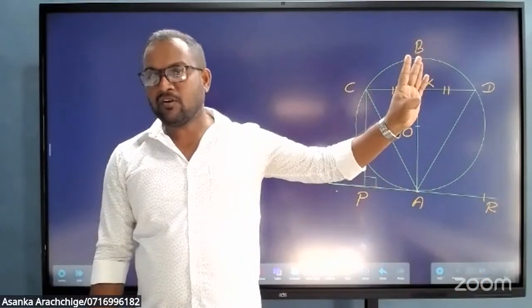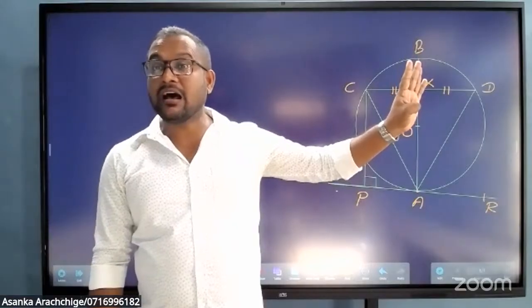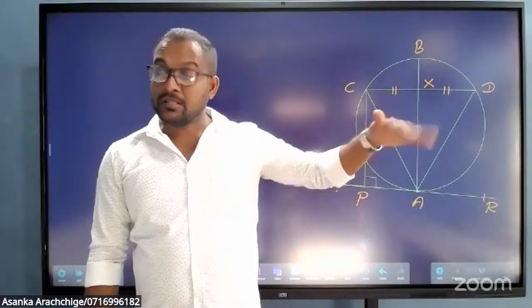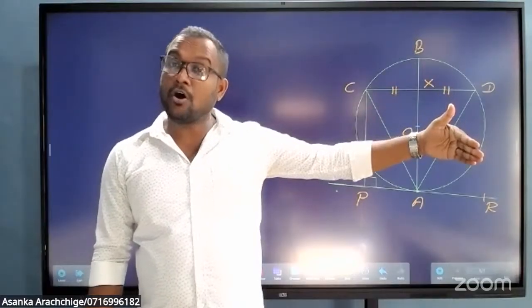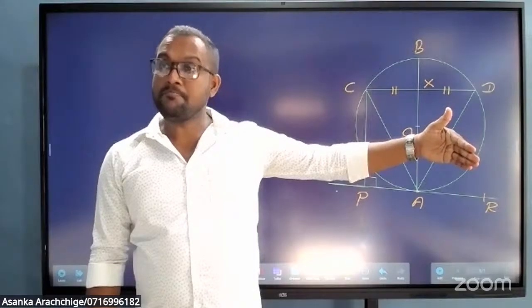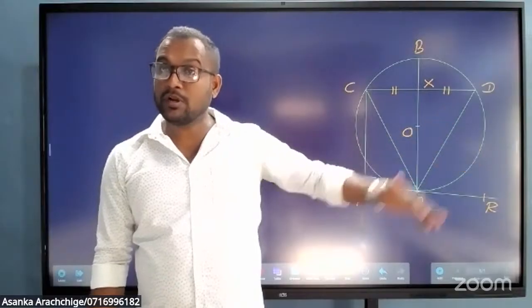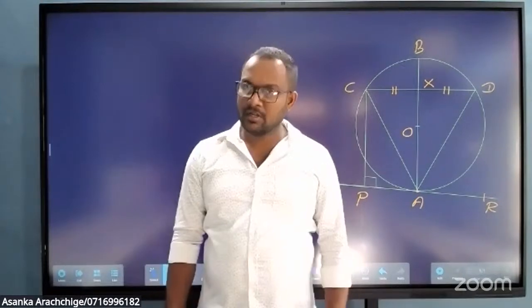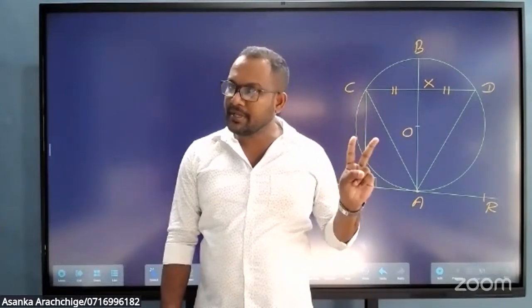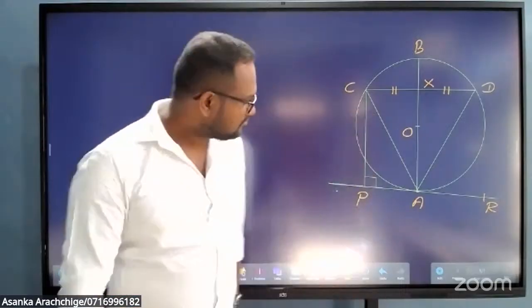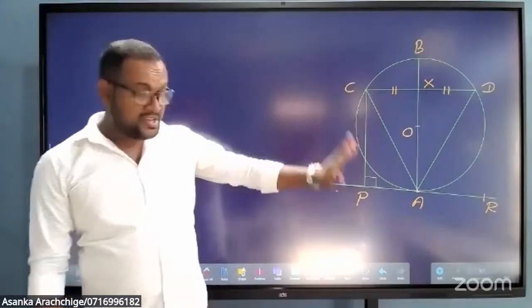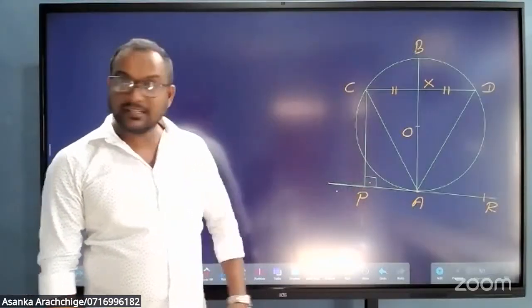In a cyclic quadrilateral, opposite angles are supplementary. In a cyclic quadrilateral, the exterior angle formed by producing a side is equal to the interior opposite angle. Do you remember those two theorems? We are already given this is a right angle.